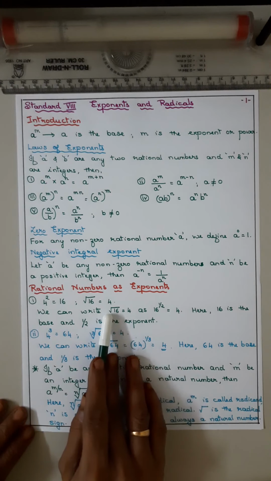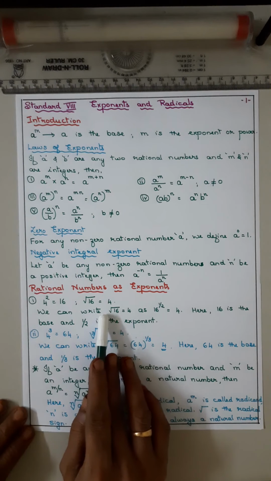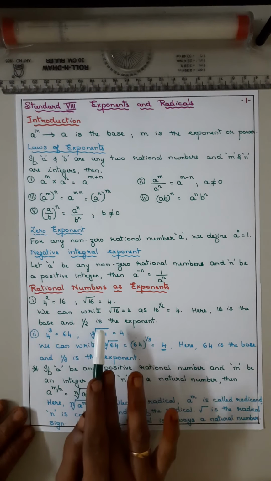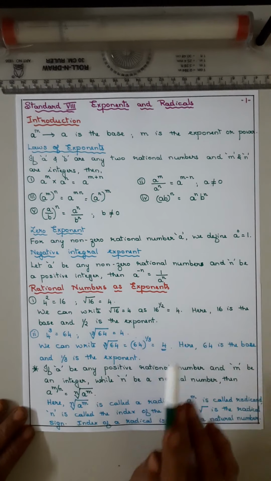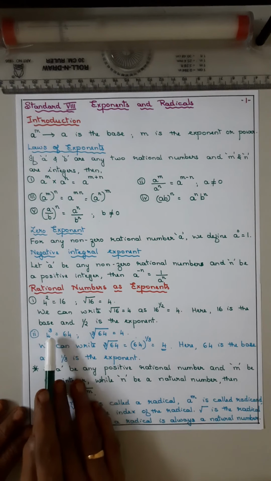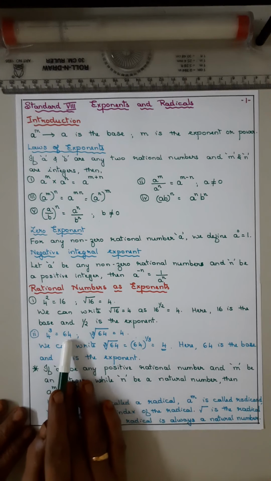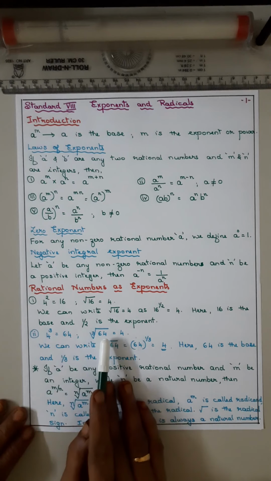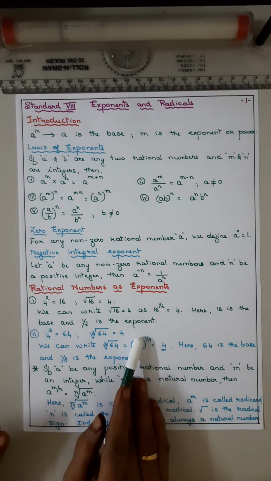See, square root means here we do not put 2 in front of the root sign, but it is understood. 16 has power 1, that is why 1 by 2. Now 4 to the power 3 is equal to 64. 4 cube is 64. So cube root of 64 is equal to 4. You know already.